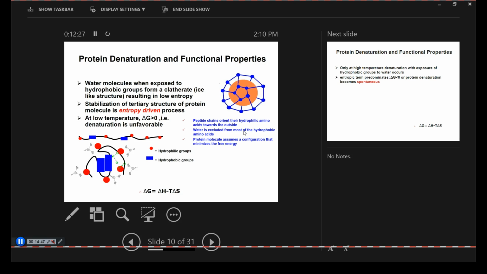So if entropy is reduced, delta G is positive, so no denaturation, it's stable. Denaturation is unfavorable, especially at low temperature. When we increase the temperature and break bonds within the protein structure, delta S will increase and delta G becomes negative. Just making sure you get this knowledge. Keep that knowledge in mind.